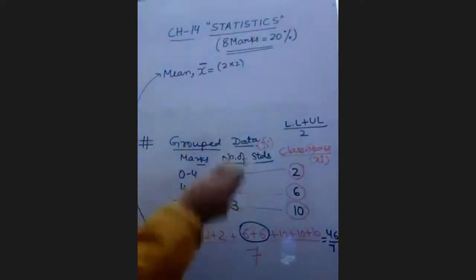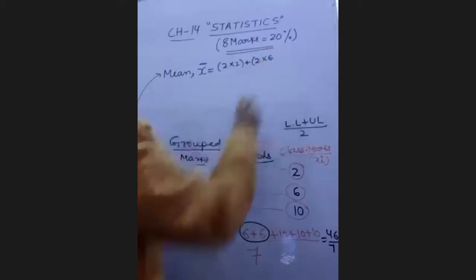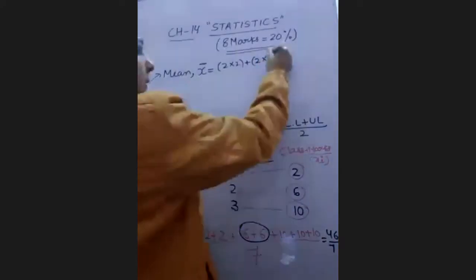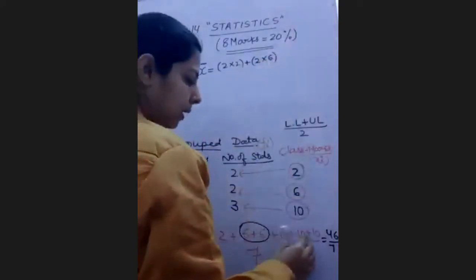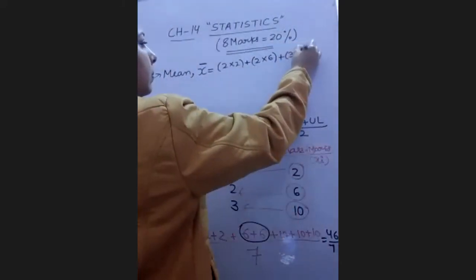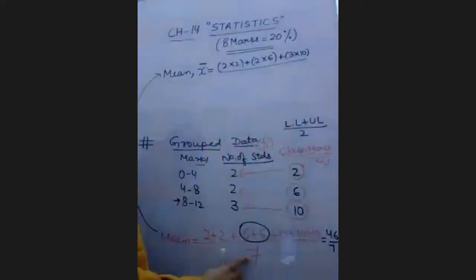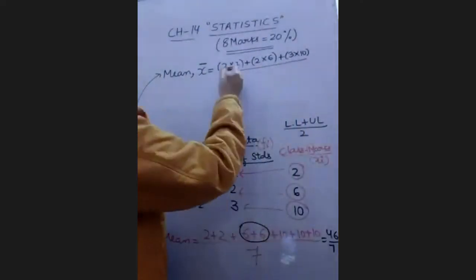Now see, this can be written as 2 into 2. 6 plus 6, can it be written as 2 times 6? And 10 plus 10 plus 10, what does it mean? 3 times 10. And divided by 7.